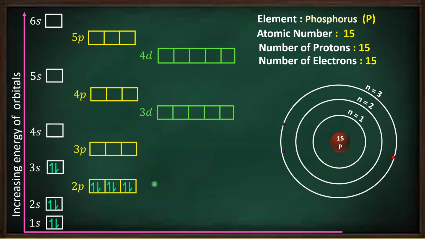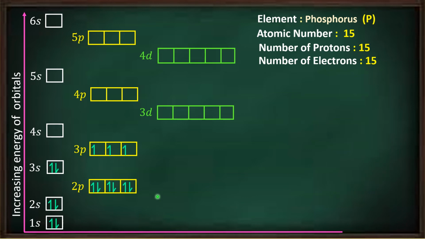Next electron, that is the 13th electron, enters into one of the empty orbitals of 3p, and the 14th electron occupies the other empty orbital of 3p, and the 15th electron occupies the other empty orbital of 3p.